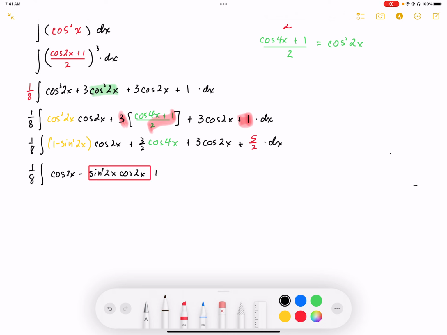Plus 3 over 2 cosine 4x plus 3 cosine 2x plus 5 over 2 dx, and I'm just going to combine these terms together as well.